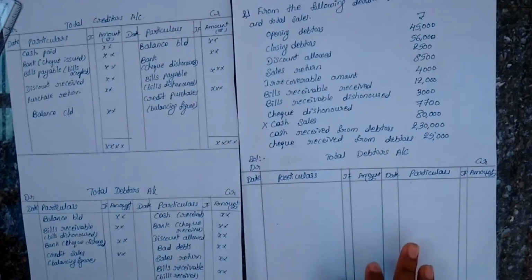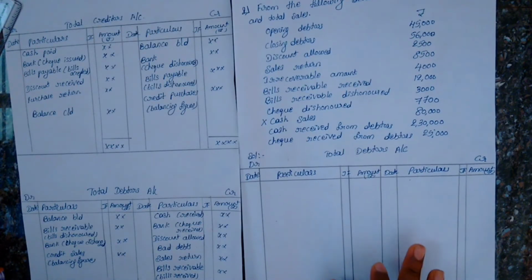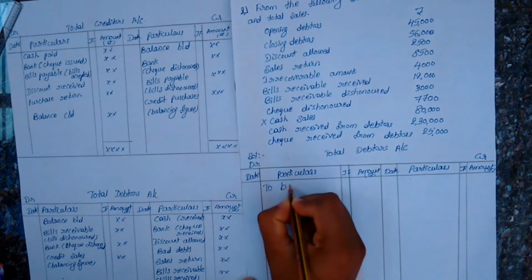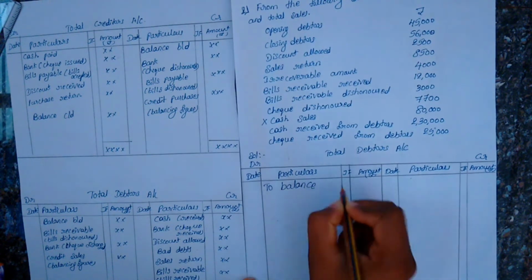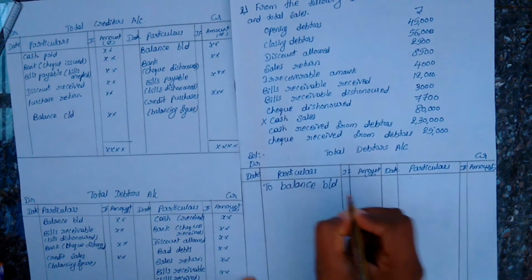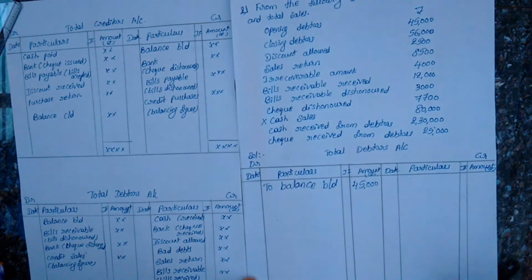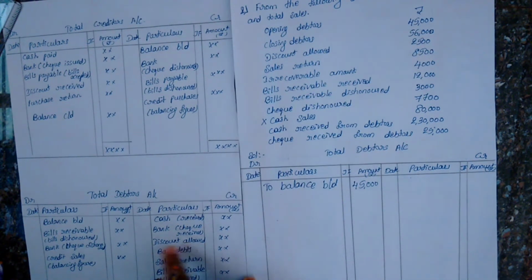Now it is a format, we'll record the entries. First one is opening debtors, that is 45,000. Opening debtors in the sense balance brought down. We have to write in the debit side, to balance brought down, amount 45,000. Next one is closing debtors, we'll write later. Next one is discount allowed. This discount allowed will be in the credit side.